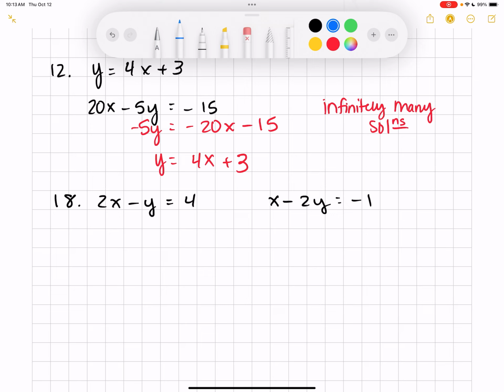So I just need to basically get them in slope-intercept form and then see what's happening with them. So negative y is equal to negative 2x plus 4. So y is equal to 2x minus 4.